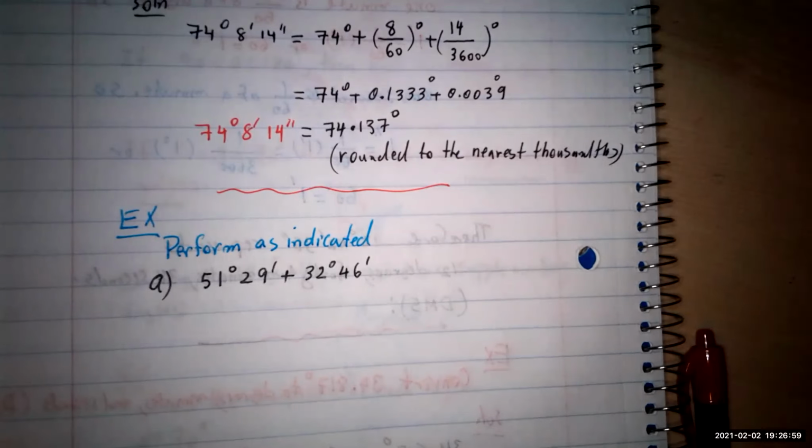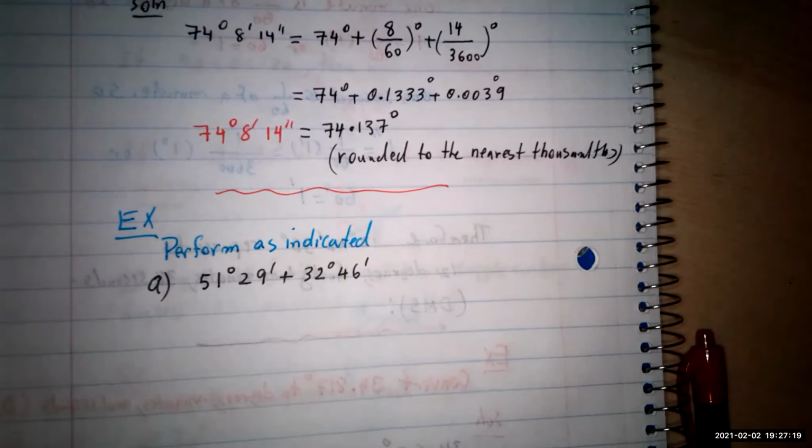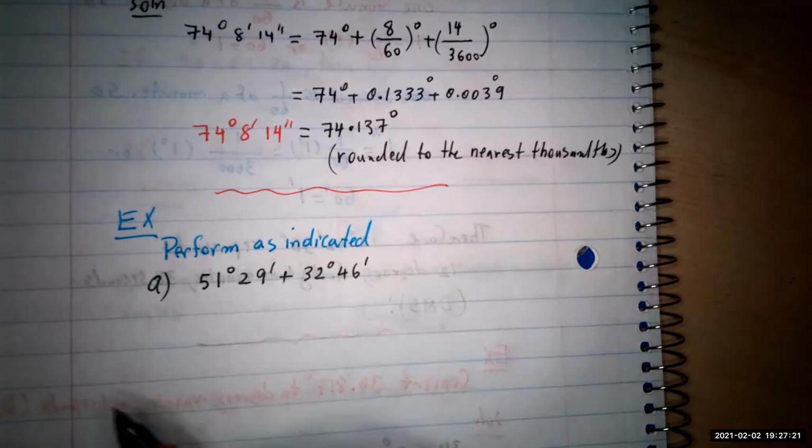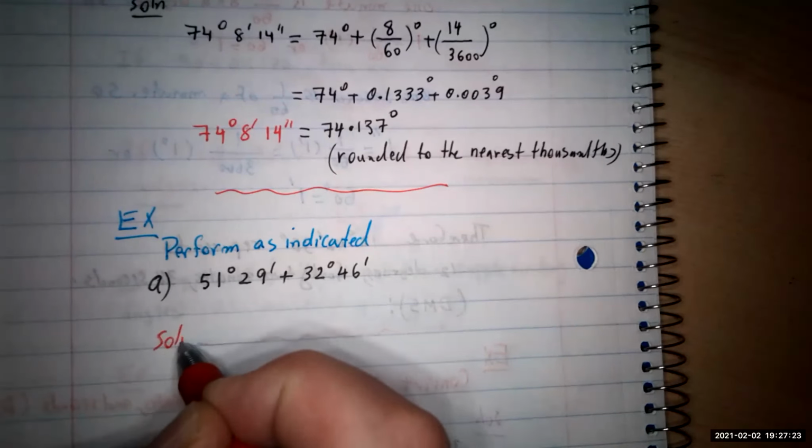You know that in mathematics, we can add two objects of the same kind. Objects of the same kind means degrees with degrees, minutes with minutes. When we add the digits in the same place value, it's the same thing, so just do as you do with addition.